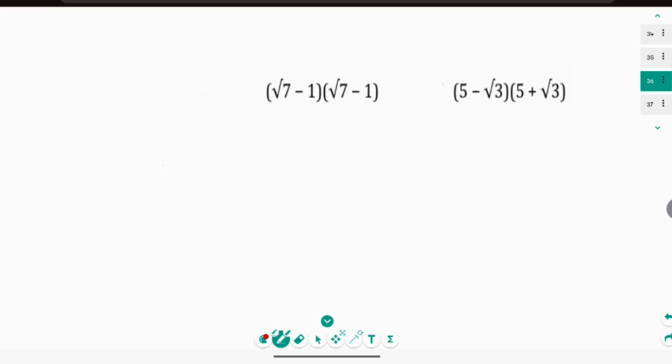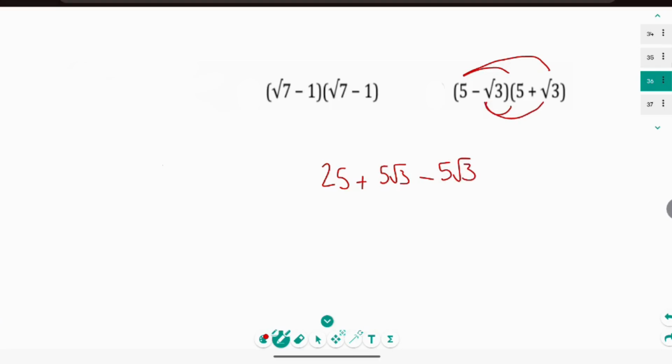And this third one, 5 times 5, 25. 5 times positive root 3, 5 root 3. Negative root 3 times 5, negative 5 root 3.